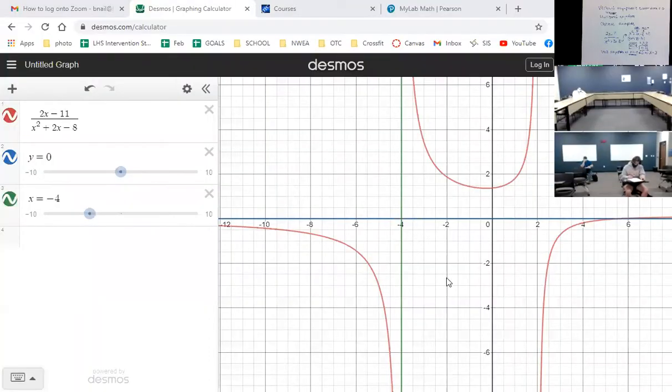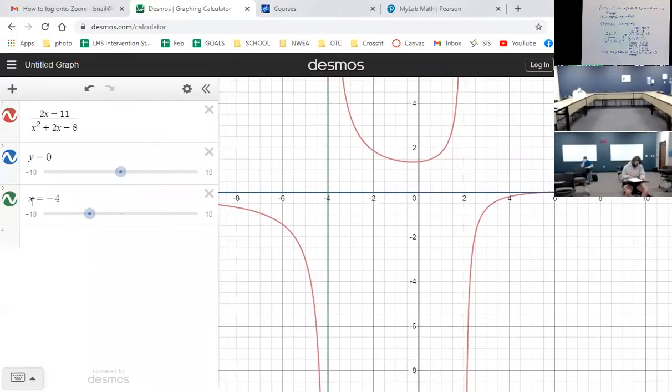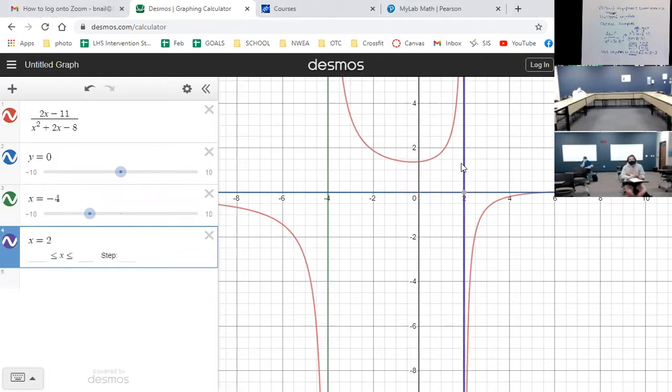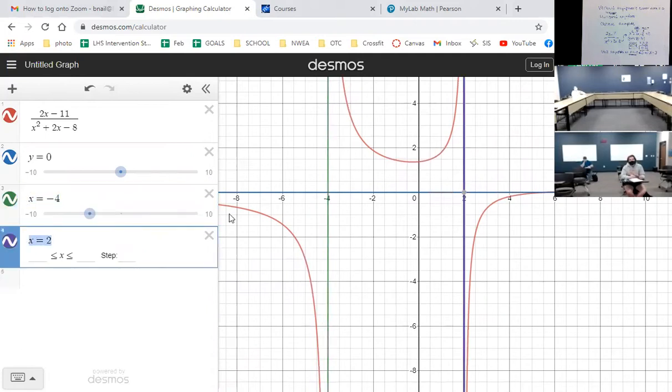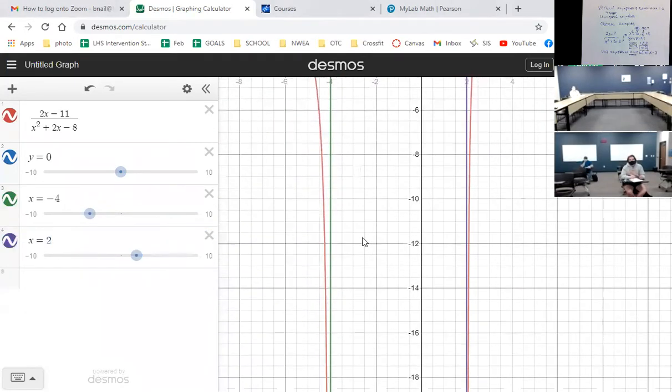And if I go back to this original graph, I typed in x equals -4. That gave me this vertical asymptote. If I type in x equals 2, this purple line represents my other vertical asymptote. So using that exact same function we just solved, we solved for this piece and for this piece, and that's where my vertical asymptotes are. That's my vertical lines that these graphs will never cross.